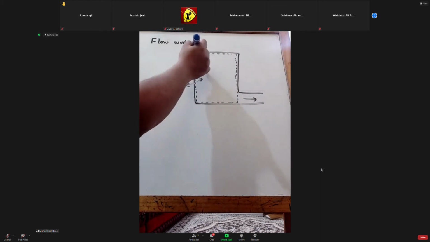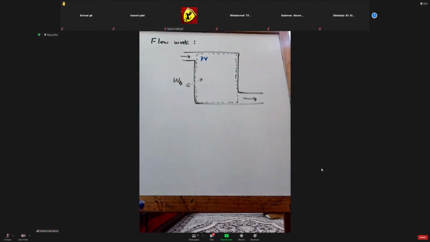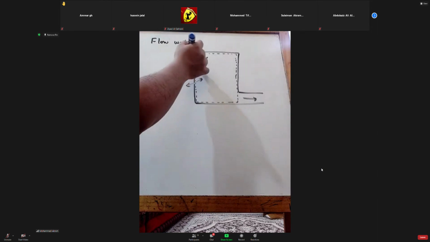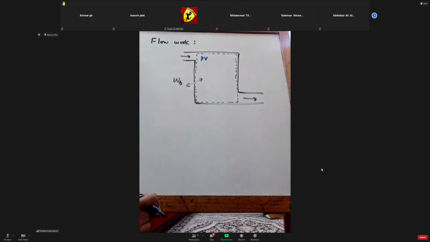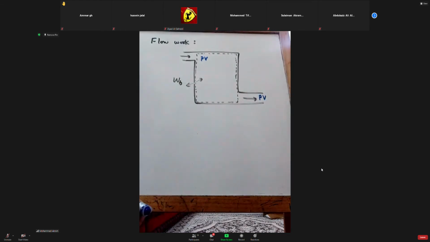It is the pressure into volume, P into V. This product is called the flow work. Pressure into volume is required to push the mass inside or push the mass outside.